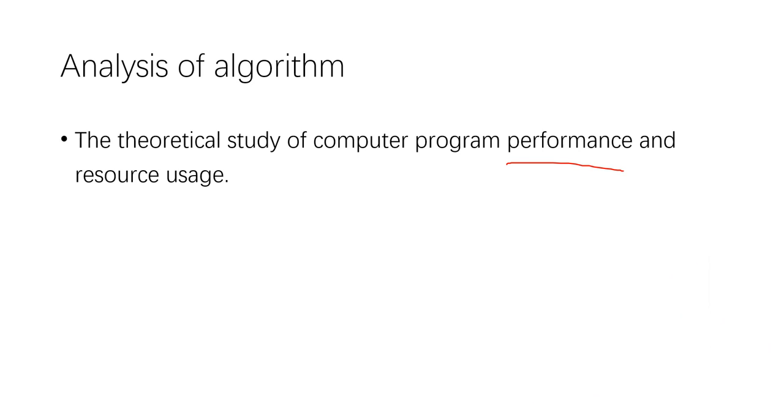So we want to know two things. First is what we call time complexity. Time complexity is about the time. We want to make things fast. Why is time important?